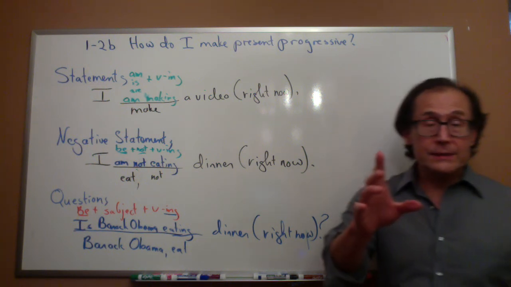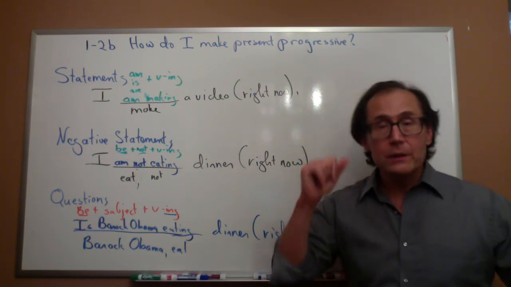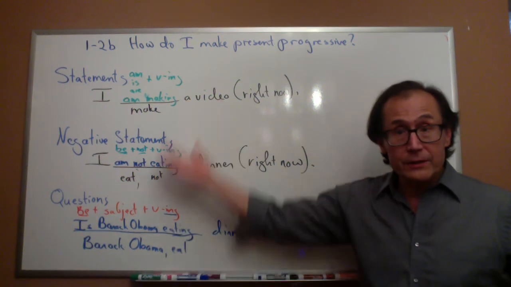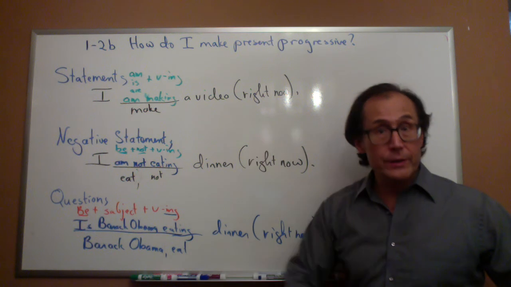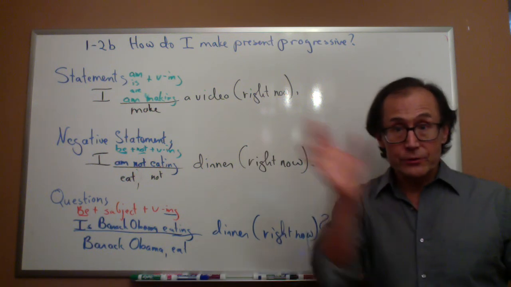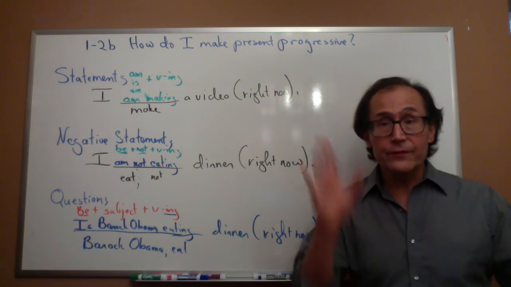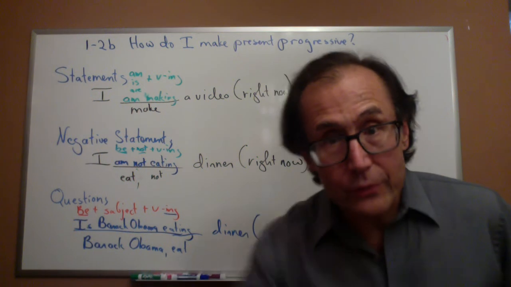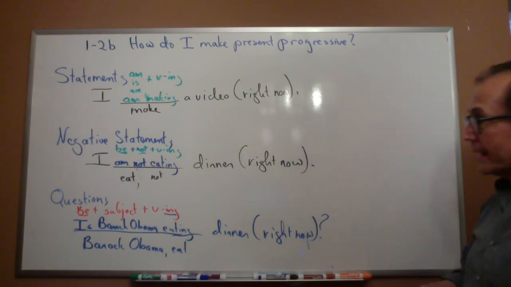And again, like I said in the last video, if you would like to go through this more slowly and have a lot more examples, Google my name, Kent Uchiyama, and verb tenses, and you'll find the free book that is posted online that you can download.